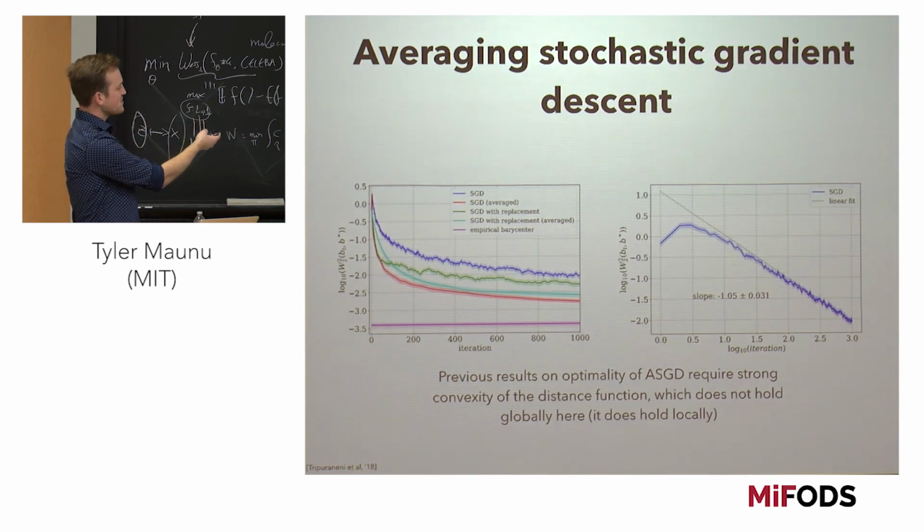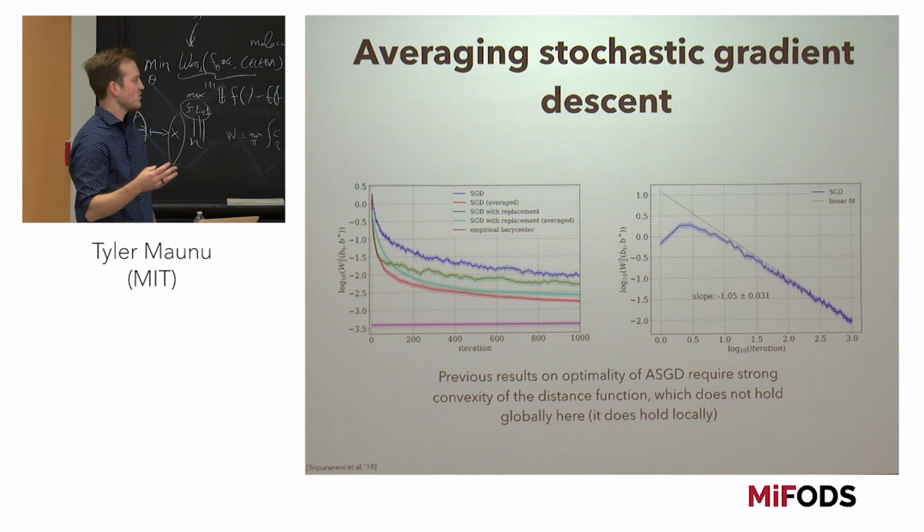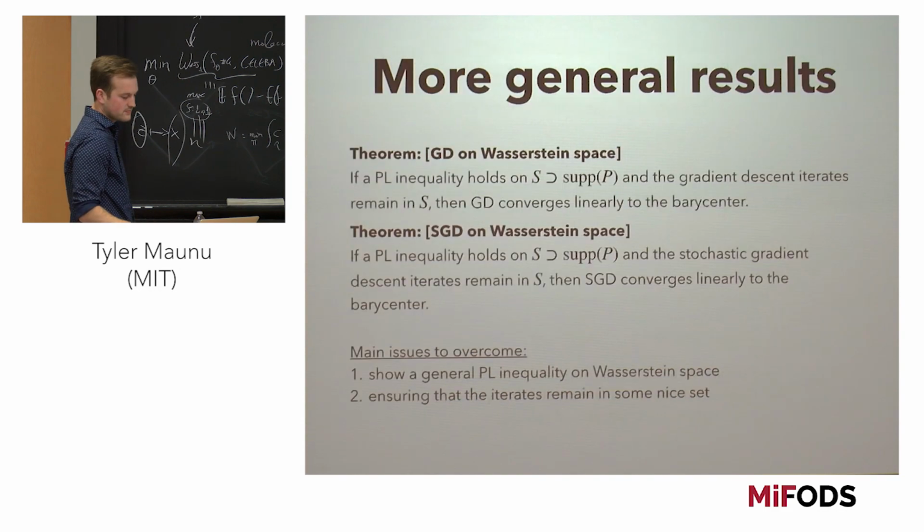But the previous results for averaged stochastic gradient descent algorithms on manifolds require things like strong convexity of the distance function, which we don't have here. So it would be interesting to think about whether we get the optimal rate here with averaged stochastic gradient descent, which I conjecture we do, based on similar works in non-convex optimization with KL or PL inequalities.